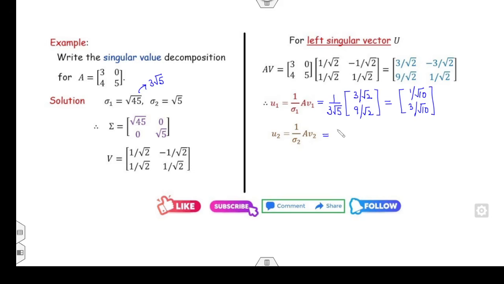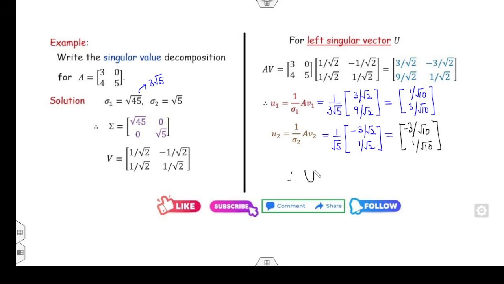Similarly for the second, it is 1 over root 5 into minus 3 by root 2 and 1 over root 2. If you multiply them, root 5 into root 2 is root 10, so it is minus 3 over root 10 and 1 over root 10.